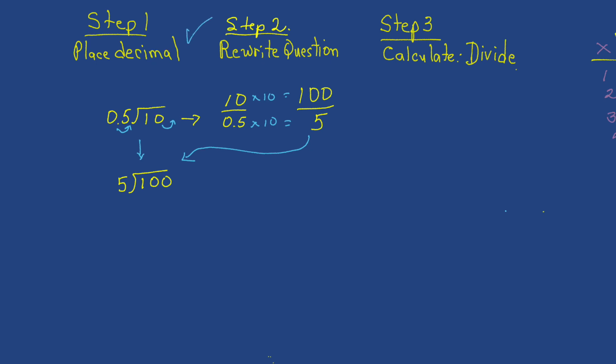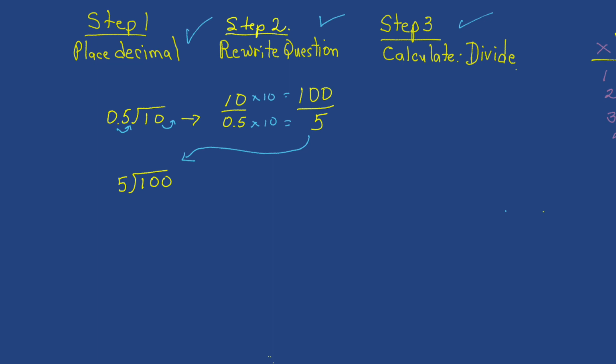You have placed the decimal, and we are ready to go on to step 2. And step 2 would be to rewrite the question, which we did right over here. Then we're ready to go on to step 3, which is to do the actual calculation. And I don't need to do that because you know what to do next.